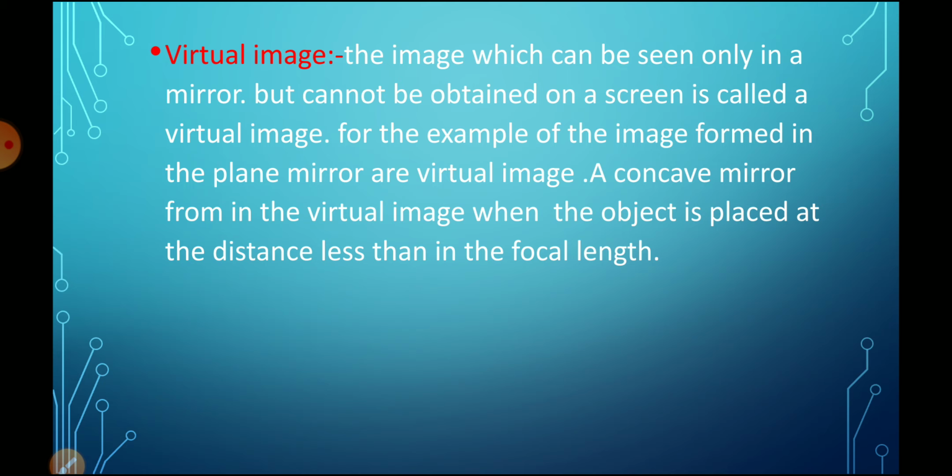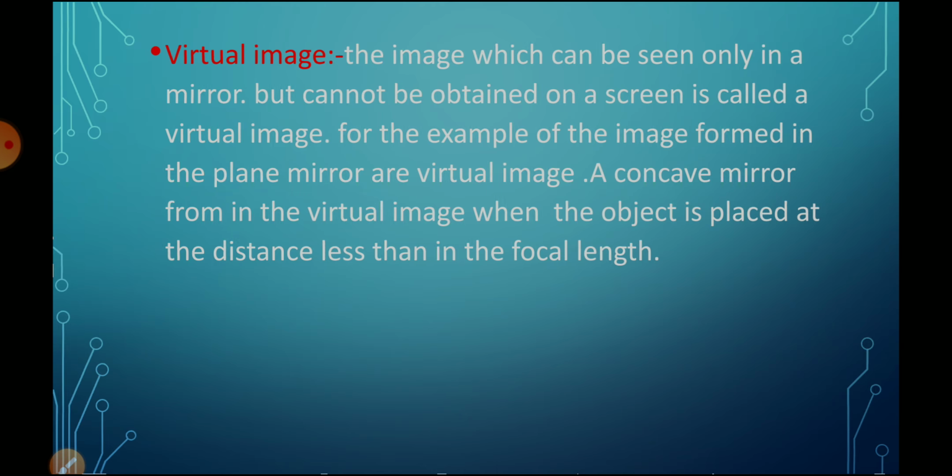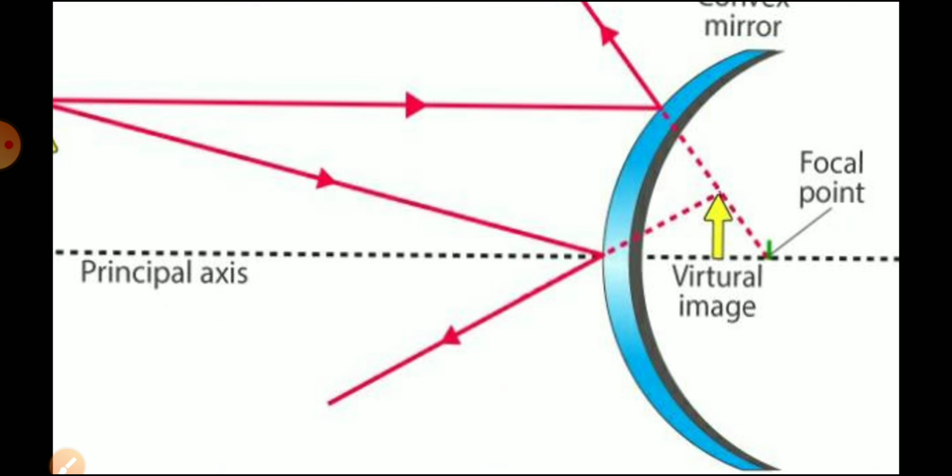A concave mirror forms a virtual image when the object is placed at a distance less than the focal length. This figure shows the virtual image formed.